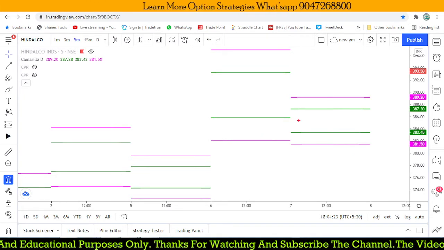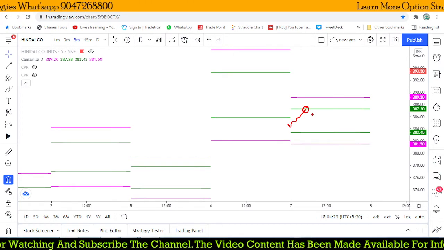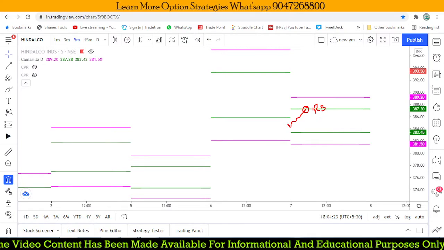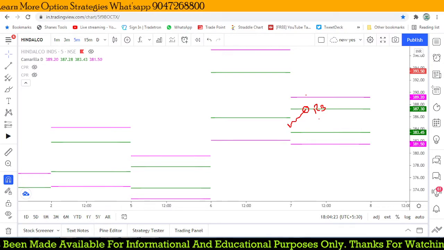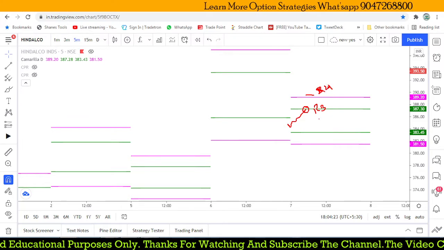If the market is moving up to the resistance point, that is R3, we are going to put a sell reversal trade with the stop loss a little bit higher than R4. That is one kind of trade.